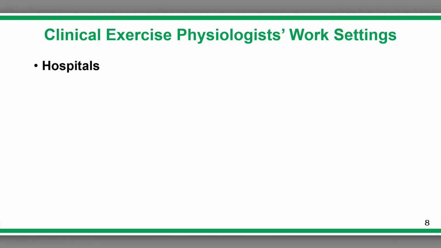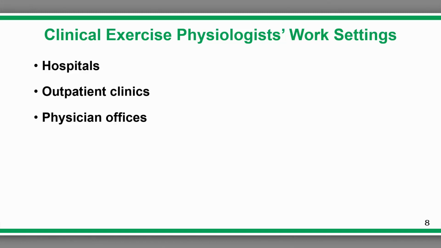Some general work settings for the clinical exercise physiologist include hospitals and outpatient clinics. The outpatient clinic is where a patient that has undergone perhaps some surgical intervention or is under the care of a physician, but is not staying overnight in the hospital, is routinely coming in either for exercise testing and prescription or the initial testing and repeated testing.